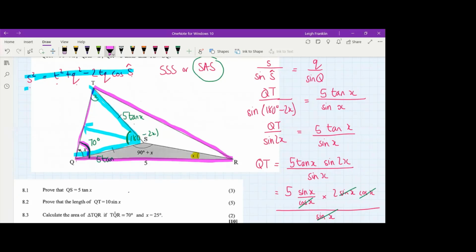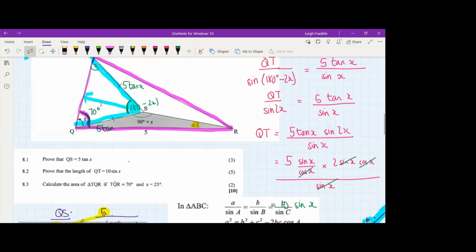X is the one that is 25. So in this case now, what are we going to do? Side angle side.